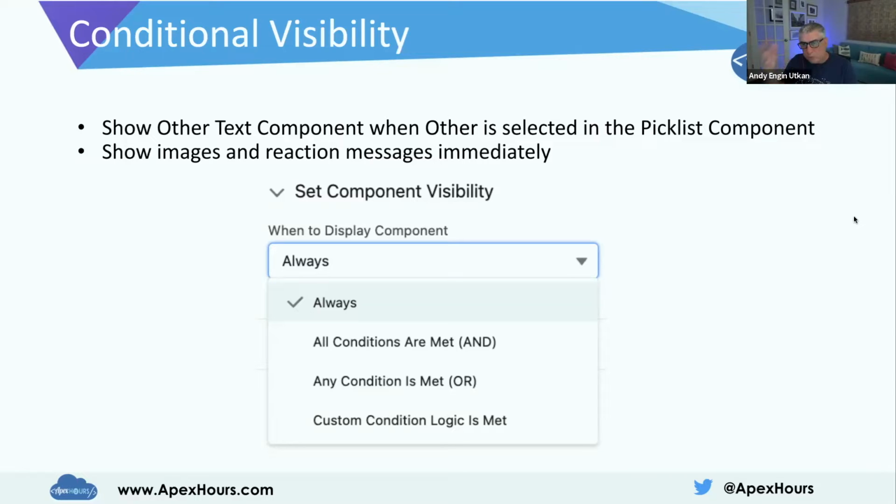Now, one of the tools that we can use, a very important UI element, is conditional visibility. We can decide to show and hide some of the components on the screen based on the values that the other components take.